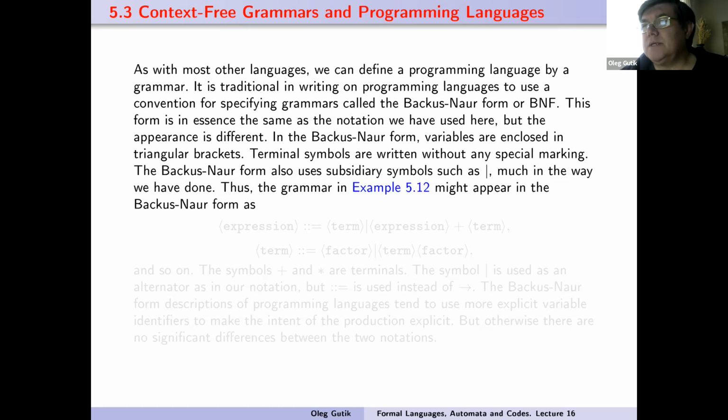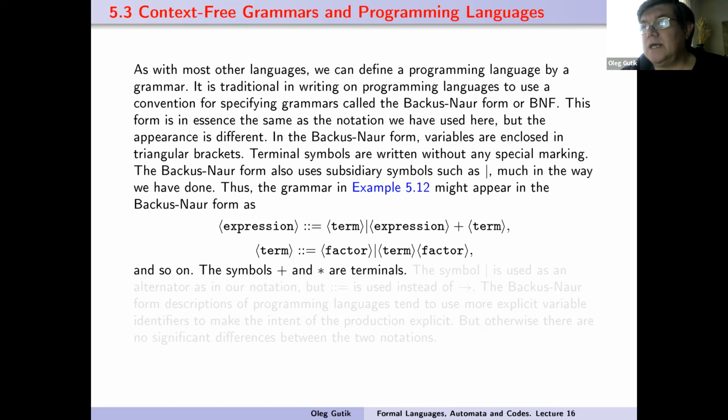Thus, the grammar in example 5.12 must appear in the Backus-Naur form as expression ::= term | expression plus term, term ::= factor | term star factor, and so on. The symbol plus and the symbol star are terminals.